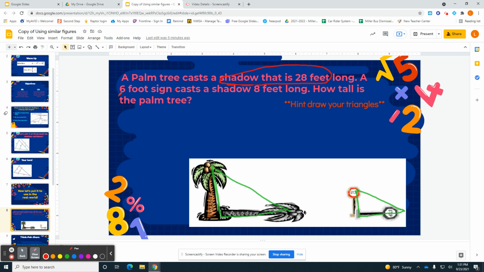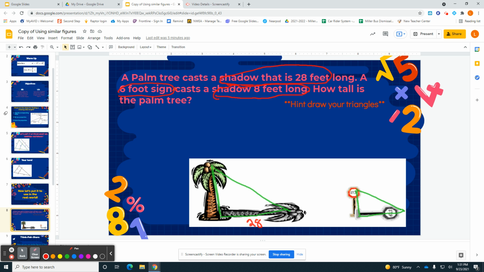Okay, so we have a 6-foot sign, and then it casts a shadow of 8 feet long. So a palm tree casts a shadow of 28 feet. So if this is the shadow, should my measurement be along the palm tree or along the bottom where the shadow's at? If you said the bottom, that is correct. So that is 28.